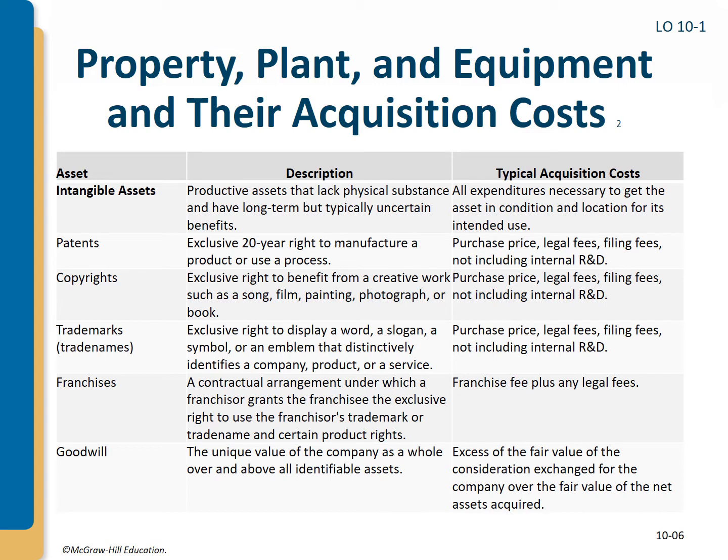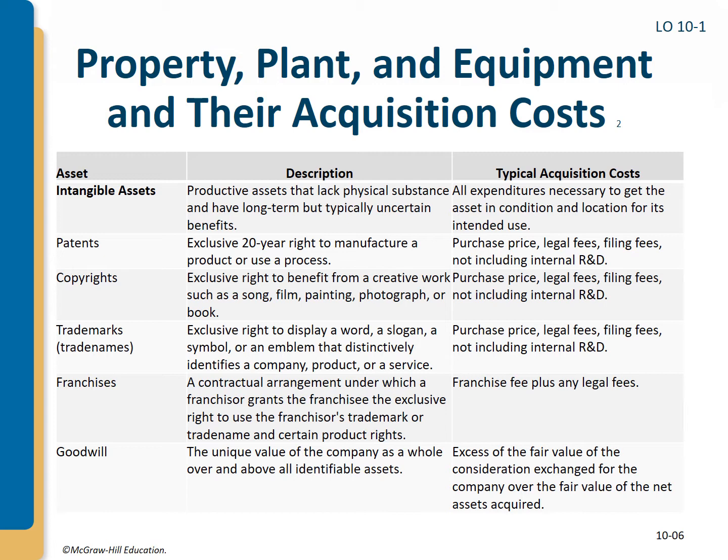So patents. Patents are a 20-year right to manufacture a product or use a process. So you're the only one who could benefit from whatever the patent is on. The purchase price of buying the patent, if you should buy it. Any legal fees, whether you bought the patent or you created the invention and asked for the patent.